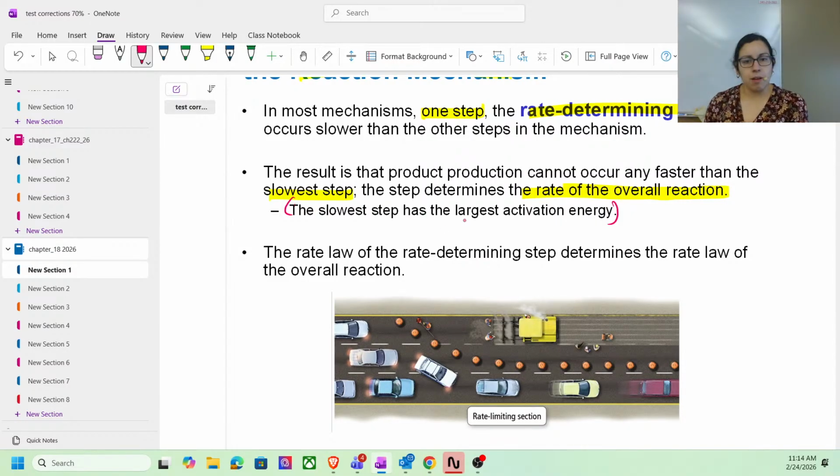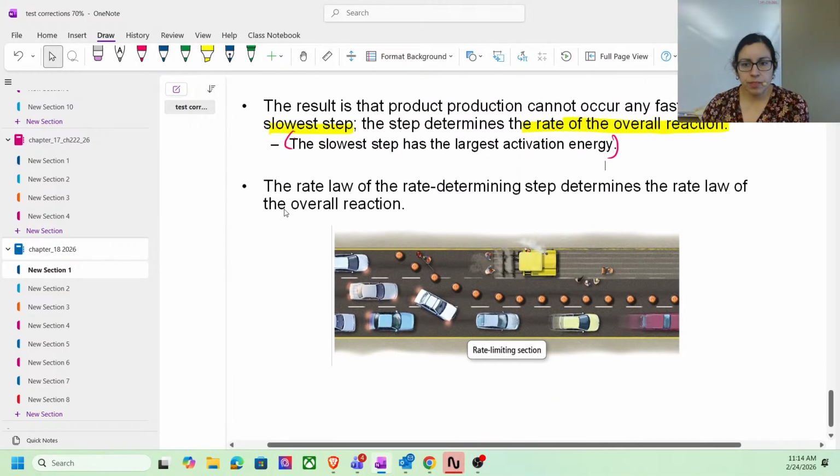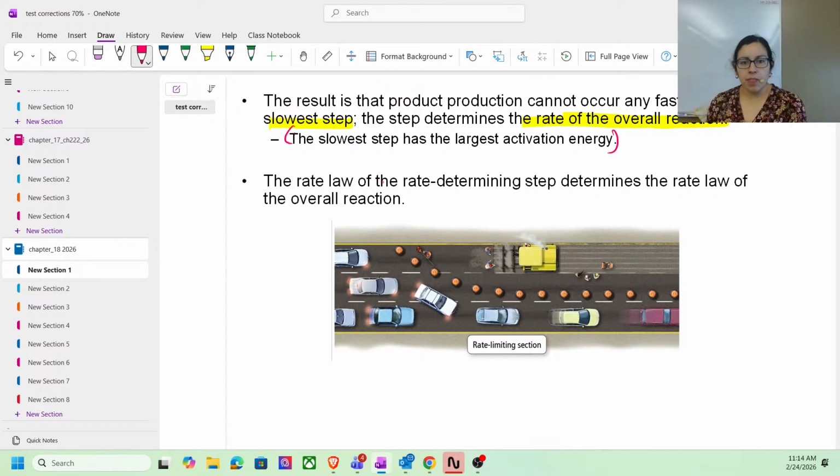But that's what we're saying. So we have some rate determining step, and this is going to match with our rate law. And so the rate law of our rate determining step determines the rate law of the overall reaction. Okay. So we're still, like I said, just getting there slowly.